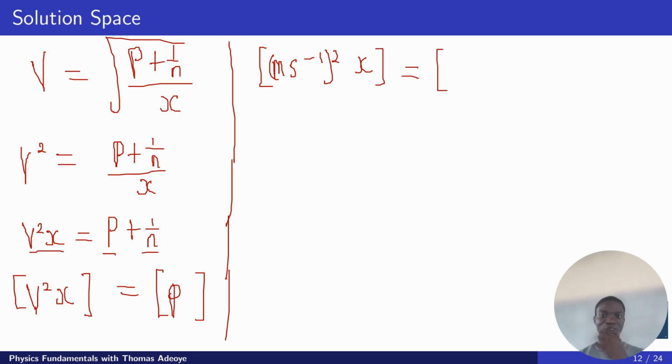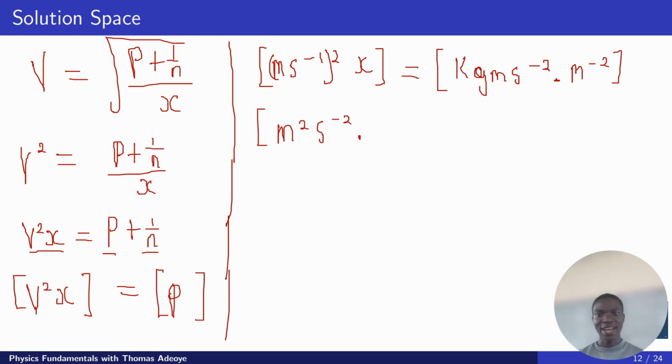Since pressure is force over area, is that clear? And force is kilogram meters per second squared, mass times acceleration, divided by area, that will be meter squared. And if it goes up, we have multiplied by m raised to power minus 2. Okay, and here, so now we have this becomes m squared s raised to power minus 2 and x, whose dimension we are trying to find.